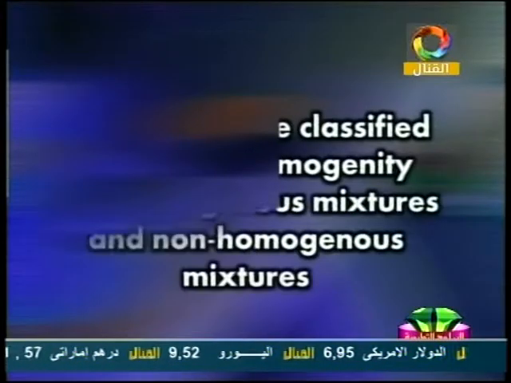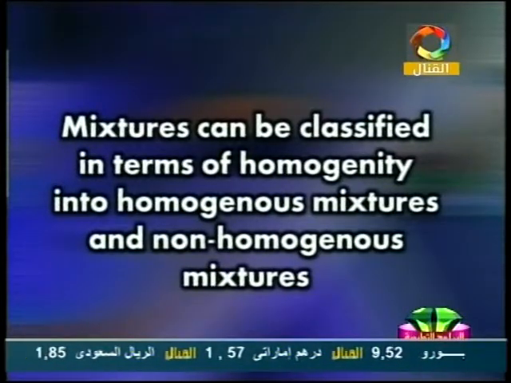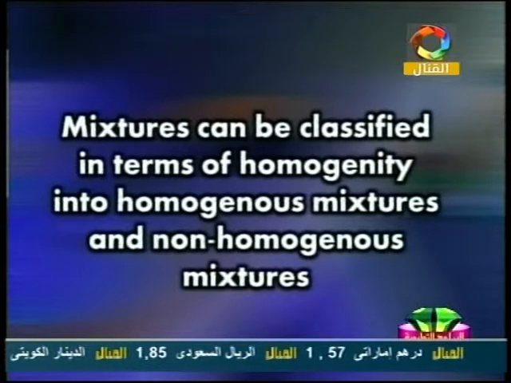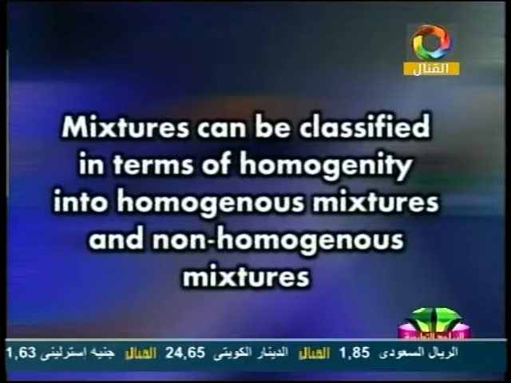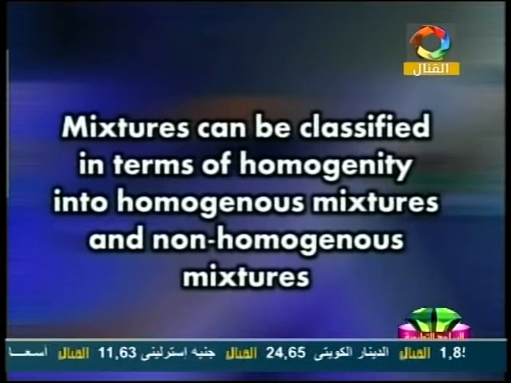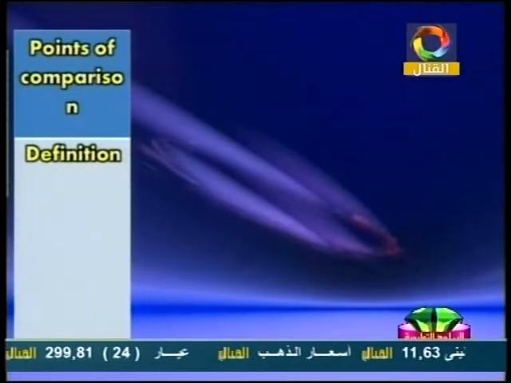A mixture can be classified into two types: a homogeneous mixture or a non-homogeneous mixture. Let's see the difference between them. In this table, we have a point of comparison and definitions.